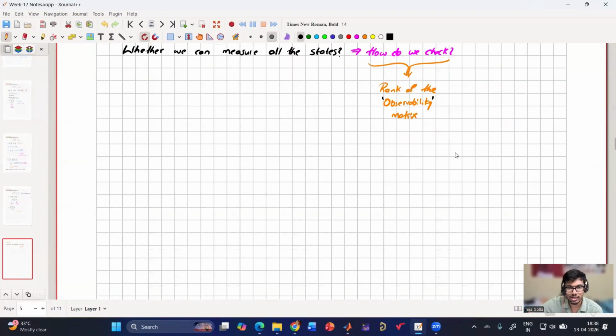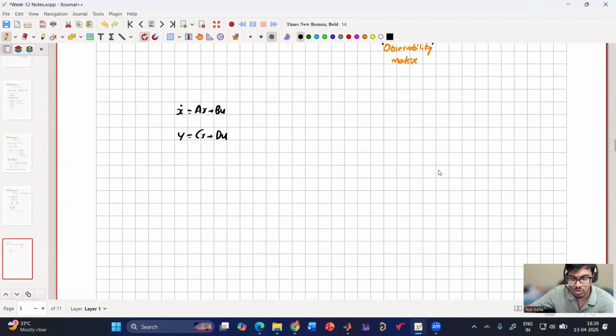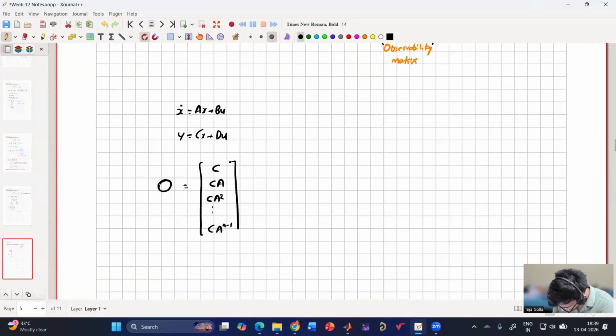If we consider x dot equals Ax plus Bu and y equals Cx plus Du, the observability matrix O is nothing but C, CA, CA square, up to CA to the power n minus 1. So we are checking the rank of this matrix.